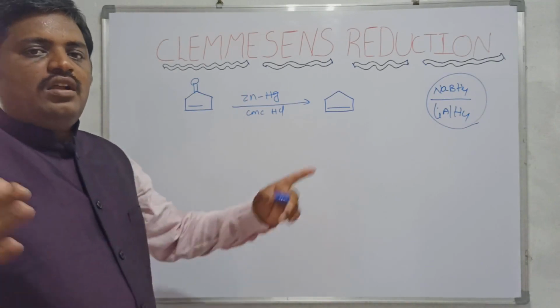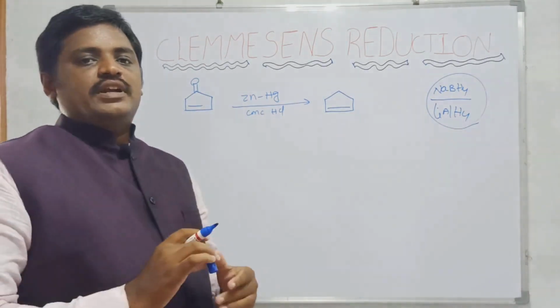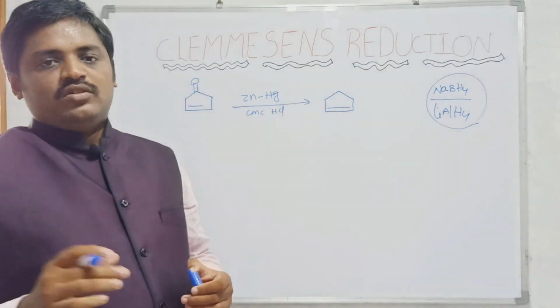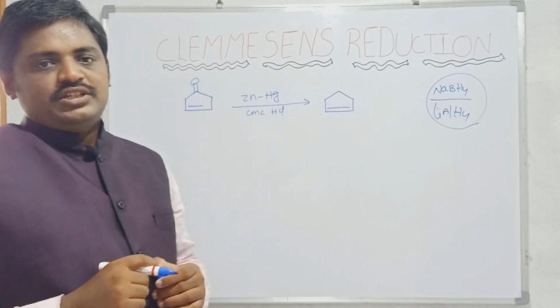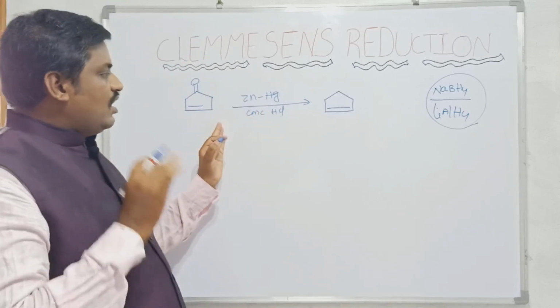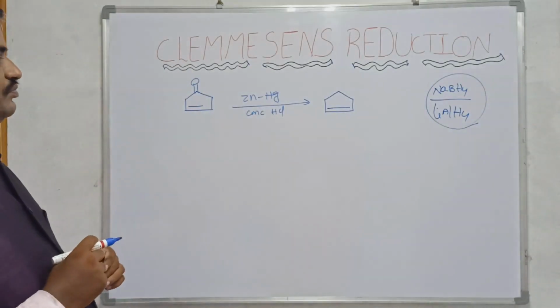Most probably, in most situations these reagents do not reduce double bonds and triple bonds, only under specific conditions. So this is another feature of the Clemmensen reduction reaction.